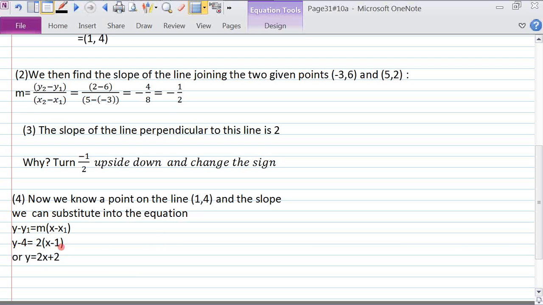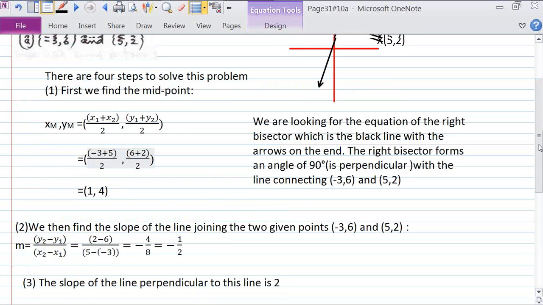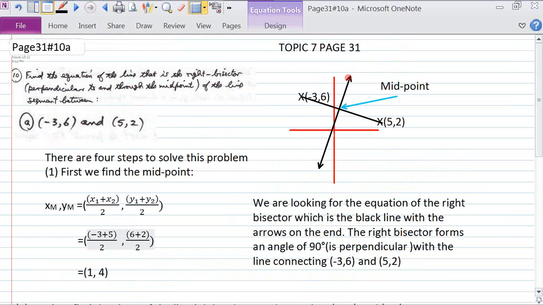And when I simplify this, I get on the right side 2x minus 2, but the minus 4 comes over and becomes plus 4. So plus 4 and minus 2 becomes plus 2. So that gives us the equation of this line here, y equals 2x plus 2.